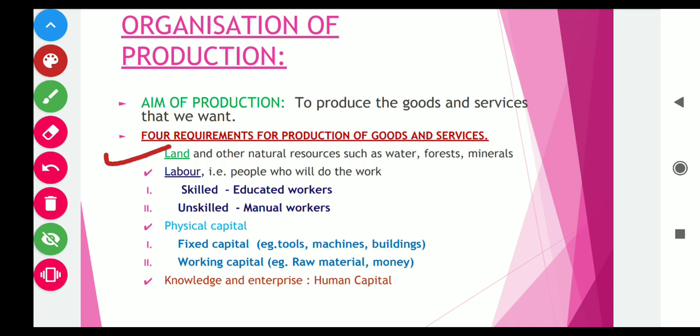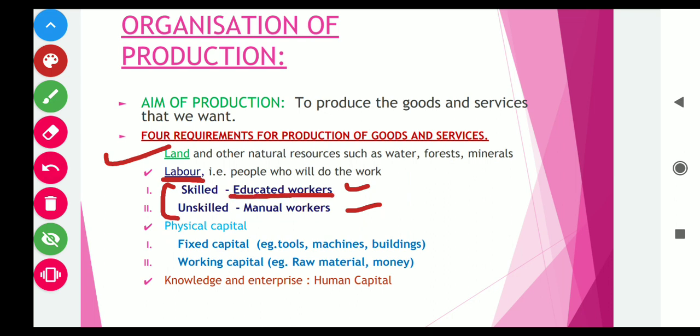The second requirement of production is labor. Who are the labor? They are the people who will do the work. We need people who will do the work of production. So this labor can be classified into 2, skilled and unskilled. For some production activities, we require highly educated workers who can perform the necessary task.